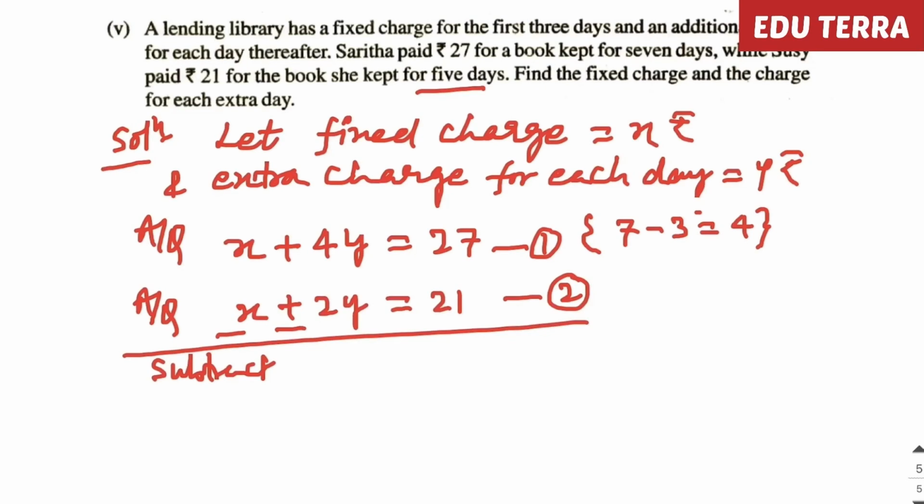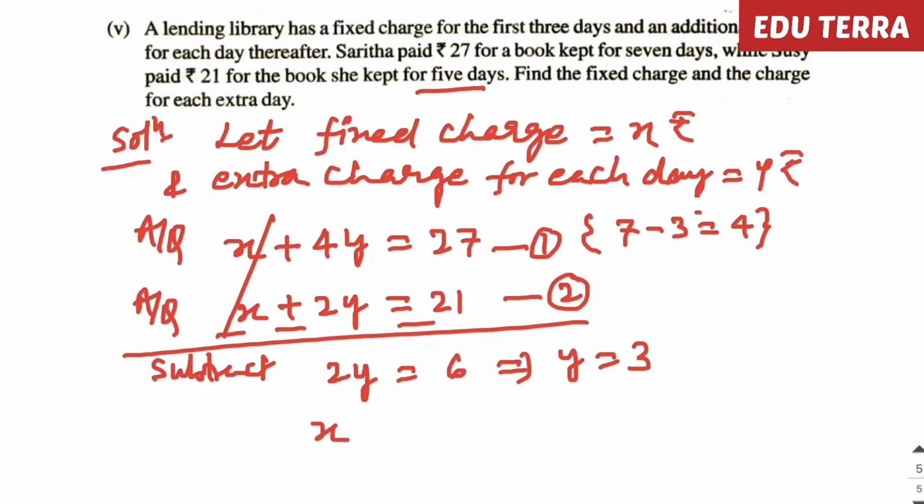Subtract, then the sign changes, x and x cancel, 2y equals, here we are getting 6. So this implies that y equals 3. Now if y equals 3, what is x? Substitute in equation 1: x plus 4 threes are 12 equals 27.